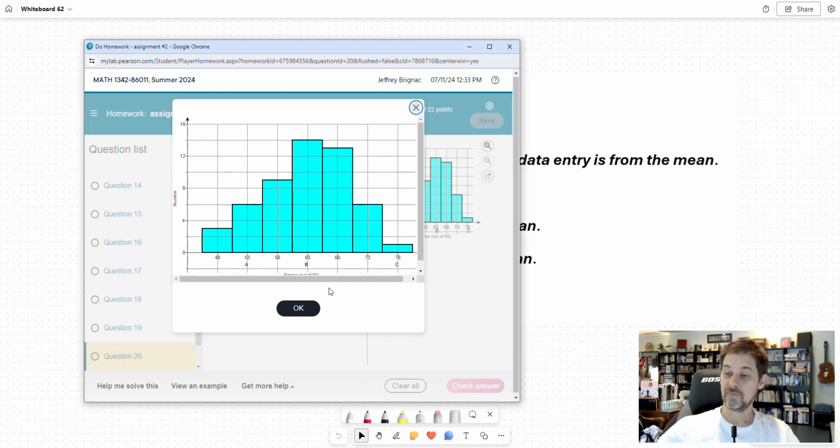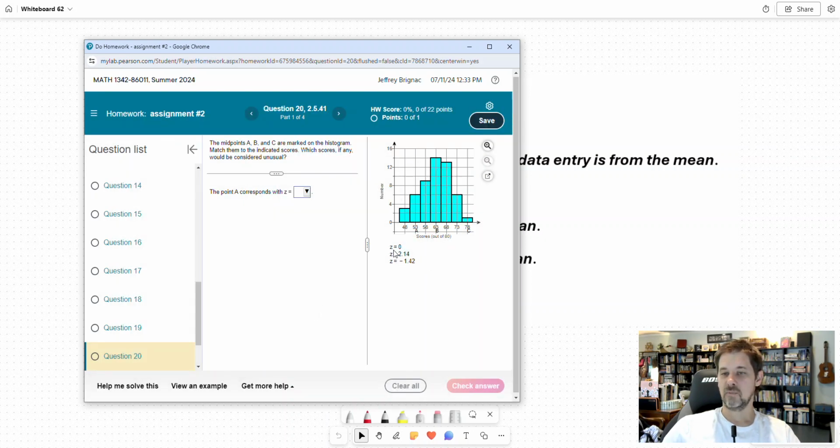We're given choices: one of those points has a z-score of 0, another has a z-score of 2.14, and the last has a z-score of negative 1.42. It's kind of like multiple choice.